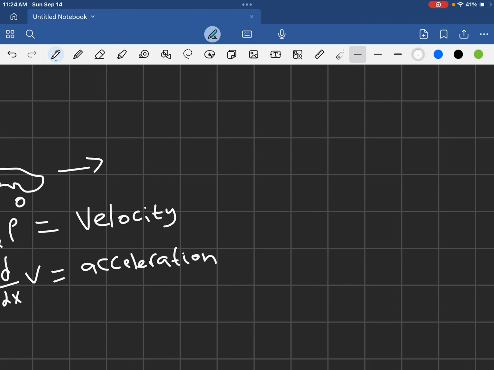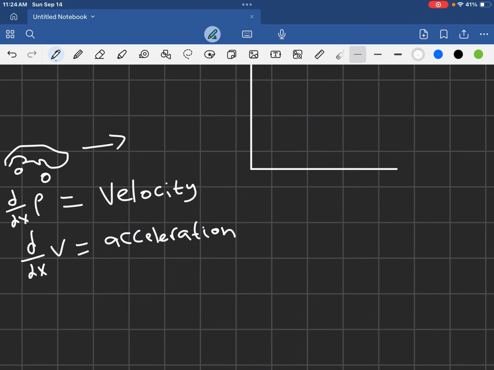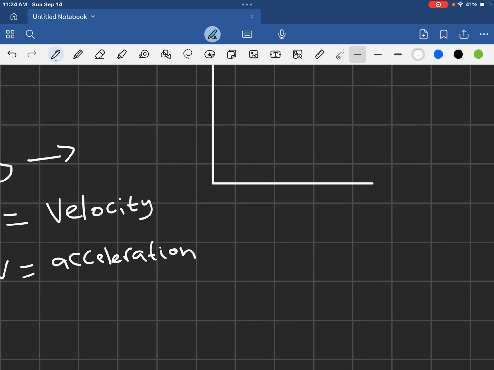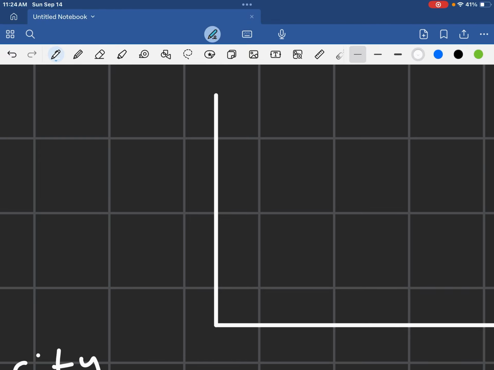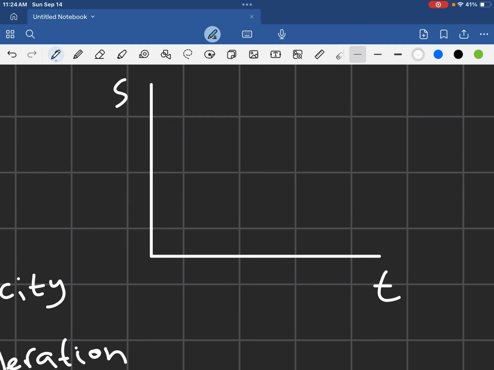So if we have a graph, and say this is time, the x-axis is time, and then we'll say this is your speed for the y-axis, and then we'll make some graph.